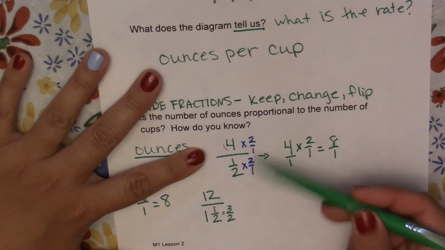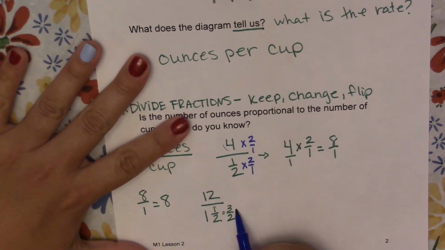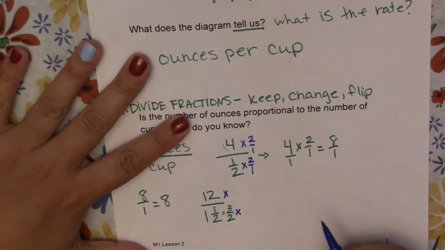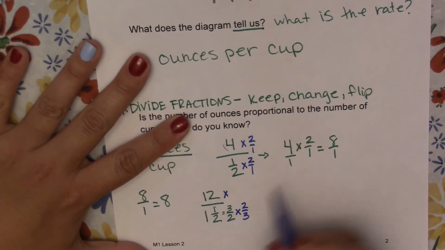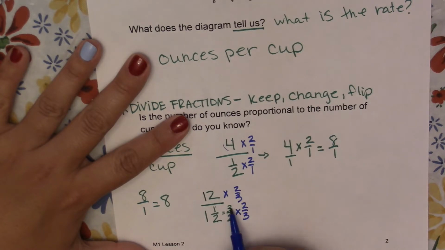Now I'm going to start writing it like this. I'm going to use that blue color so you can see what happens. We're going to multiply both the top and the bottom by the reciprocal, or that bottom fraction flipped from our keep, change, flip. All right, so if we multiply this, this becomes a 1. And if we divide anything by 1, it stays the same.